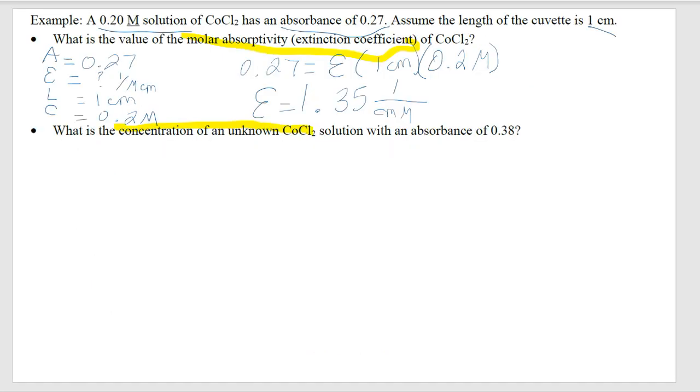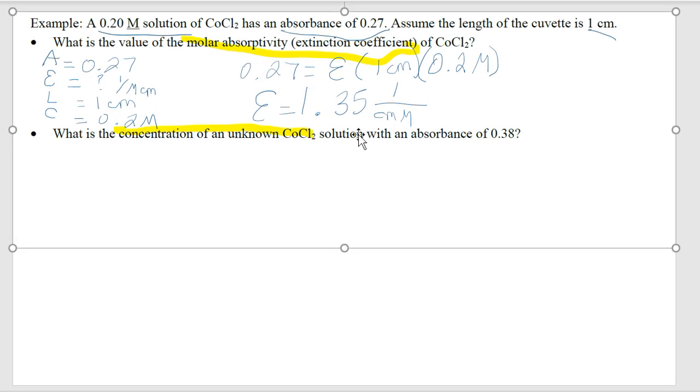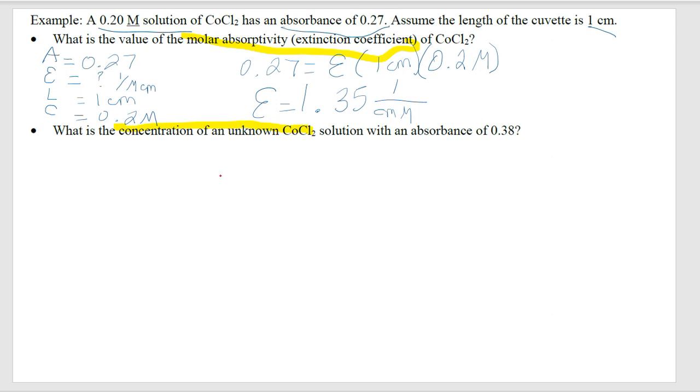And so we have a new absorbance, and we're trying to find a new concentration, but our molar absorptivity or our extinction coefficient is the exact same. So we're going to list what we know, list what we have, and then figure out what we need to solve for.